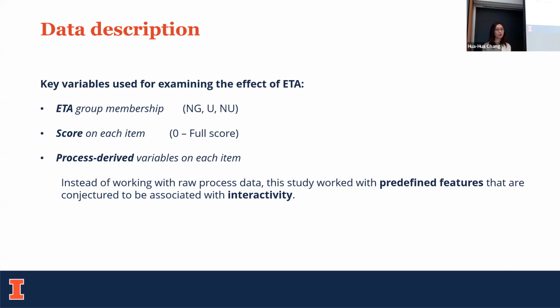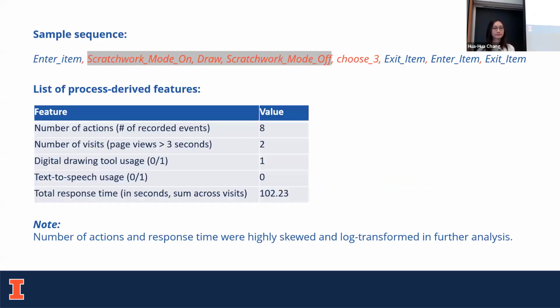And we also work with a set of process-derived variables on each item. So for this particular project, instead of working with the raw process data, which is the sequence of actions recorded by a computer, we work with some predefined features that are conjectured to be associated with interactivity, which is how much interaction someone has with a particular question.